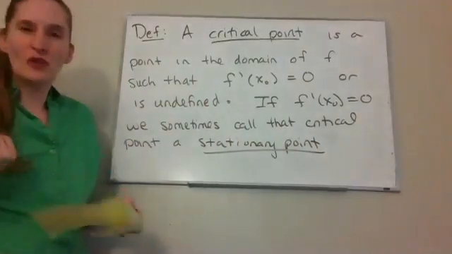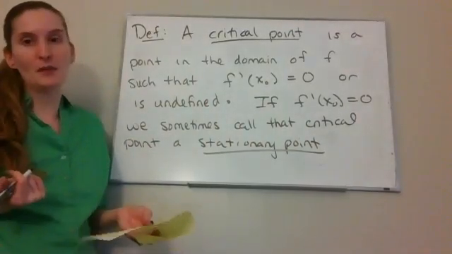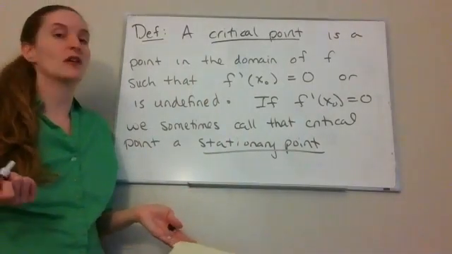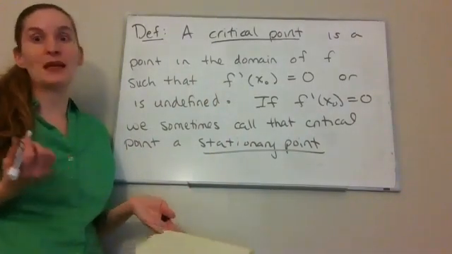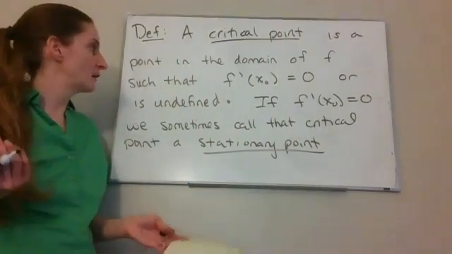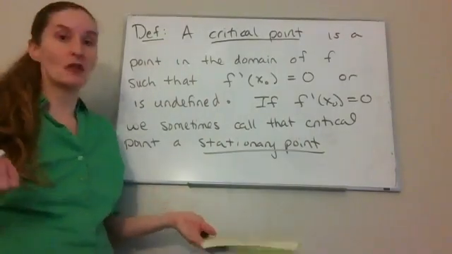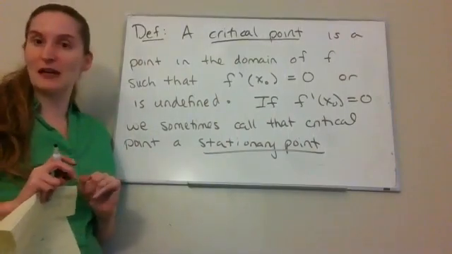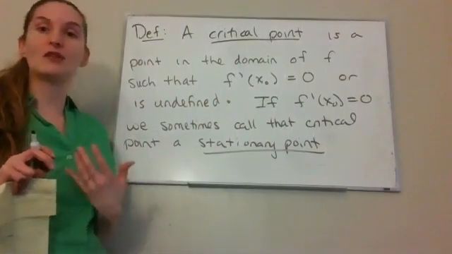That's not a universal language there, but some textbooks like to call them that to make sure you distinguish between the derivative being 0 or the derivative being undefined. All textbooks agree that both of those situations are critical points, just some of them also give this extra name of stationary point to those that have a derivative equal to 0.